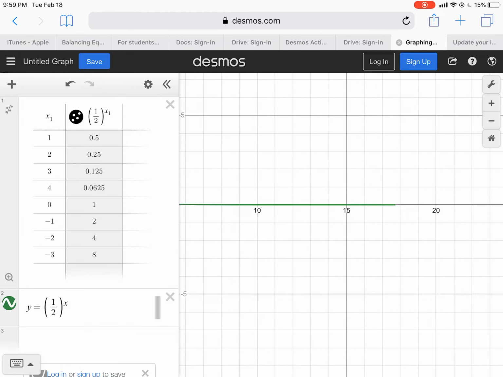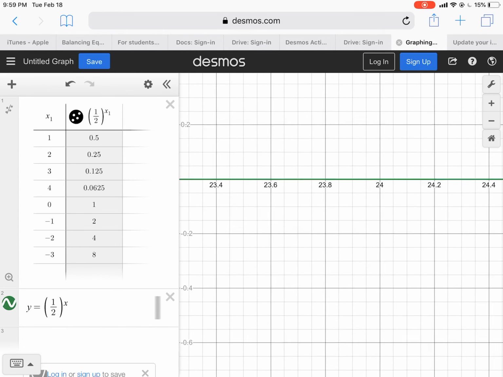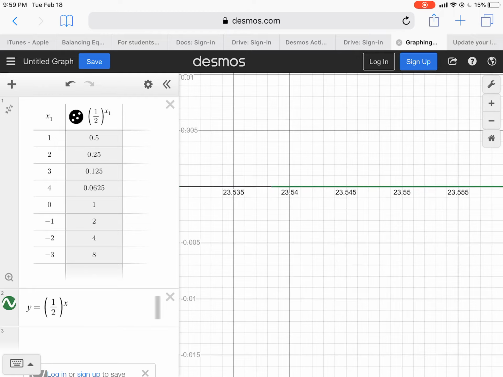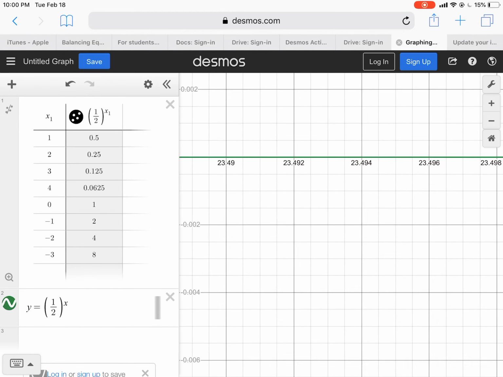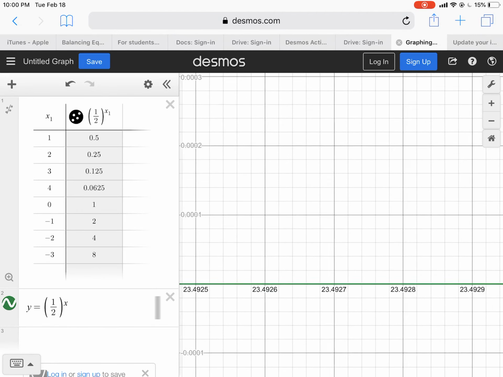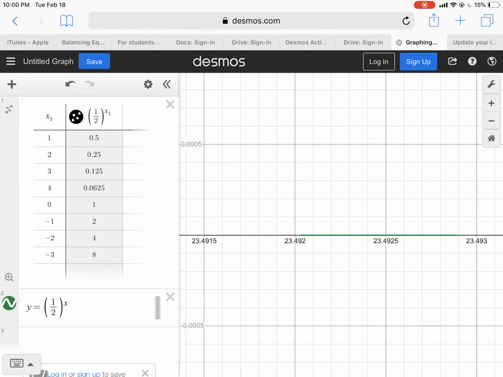It looks like it's touching, but if I keep going bigger and bigger, and Desmos doesn't work the greatest with this, it actually will not touch.